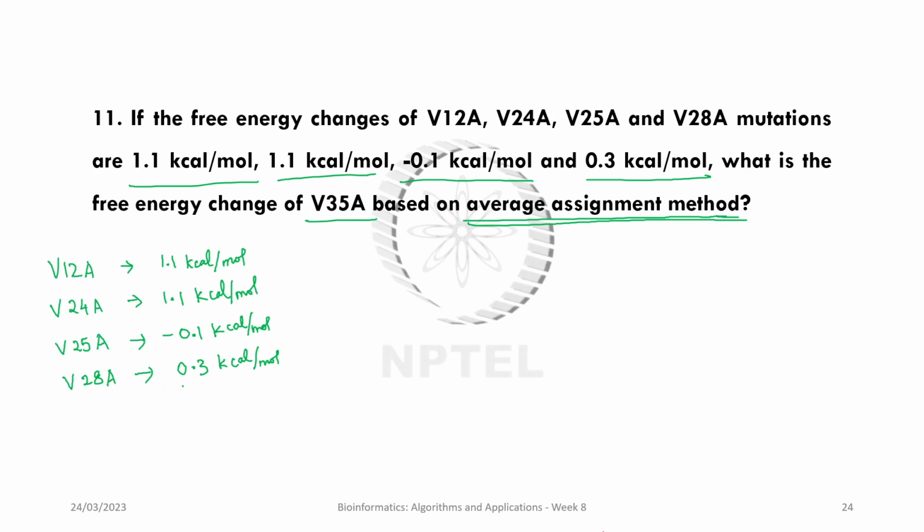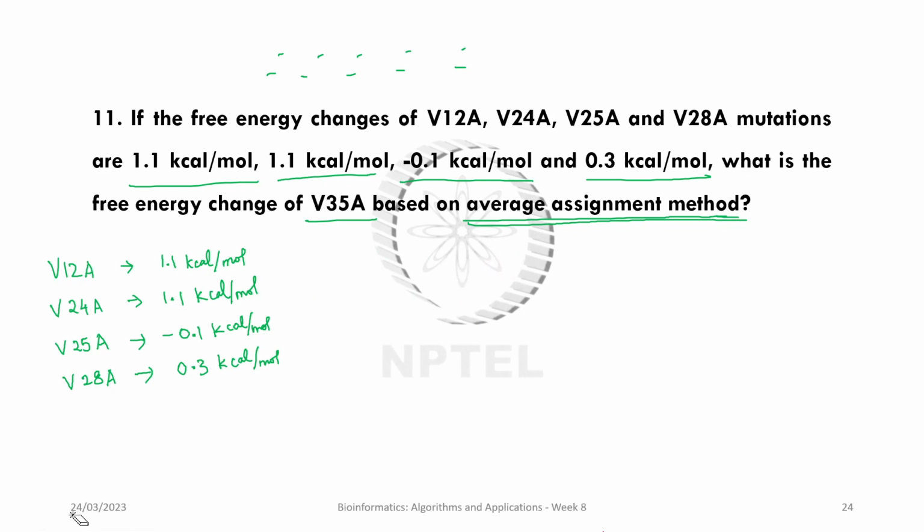All possible or all recorded mutations. So whenever you have data on multiple locations or residues, thank you Priyanka, you take, add and average all of them. So if you see two 1.1s, it's not that you take 1.1 once only and add it with 0.3 and minus 0.1 and divide. No, that's not the way. If there are two 1.1 ones, you will do both because you're taking a weighted average or you're taking into account all the residues or all possibilities that are occurring. If there is more frequency of 1.1, then you will represent it the same way, right?